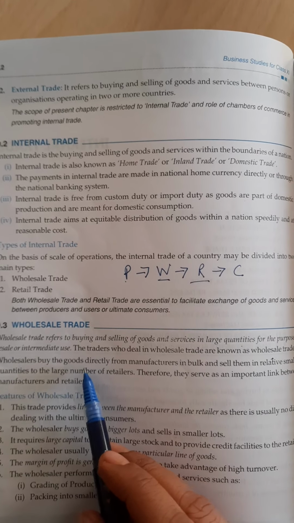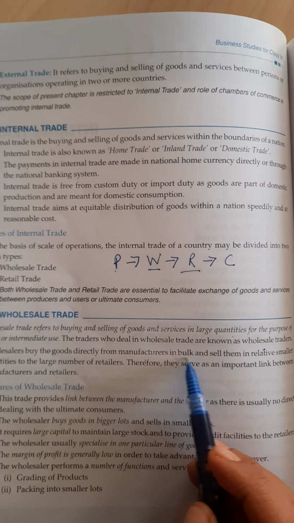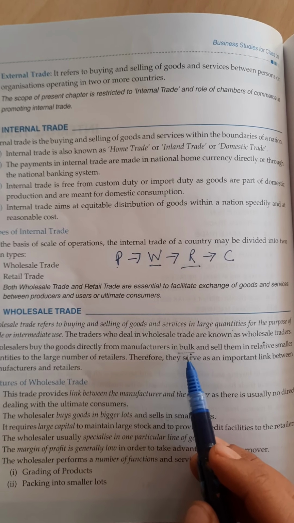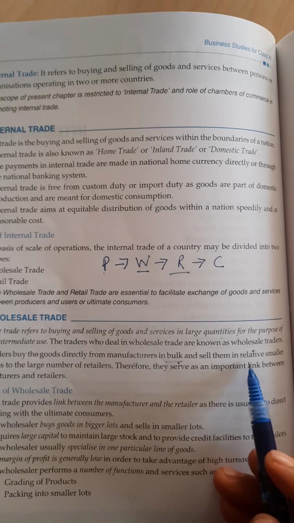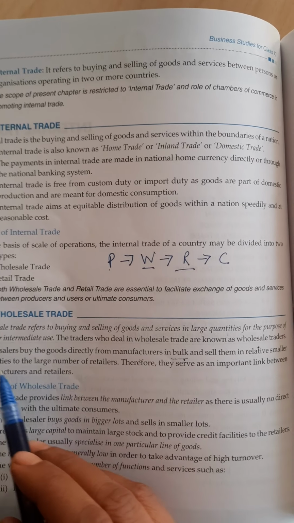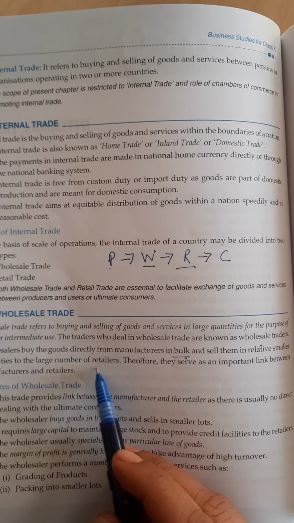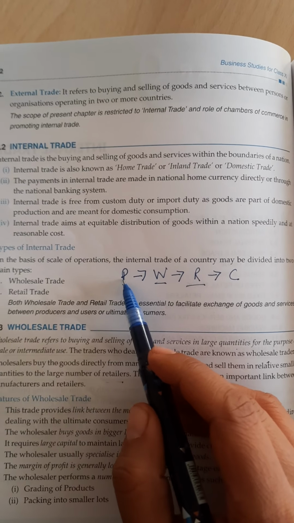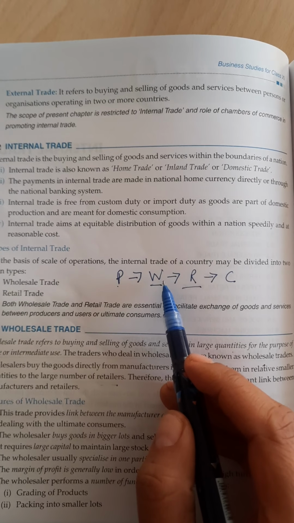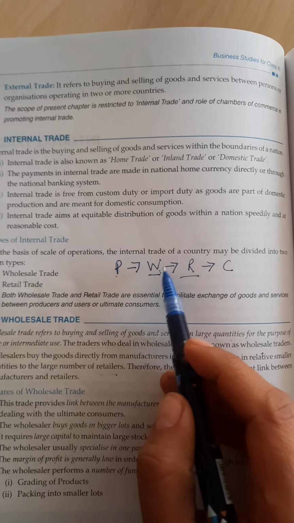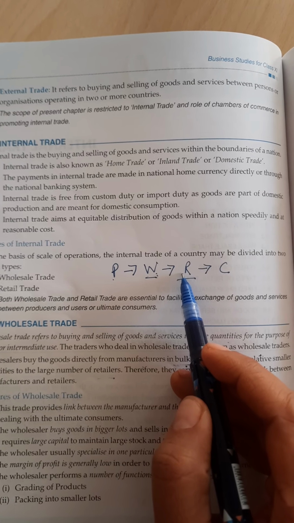Wholesalers buy the goods directly from the manufacturer in bulk, and sell them in relatively smaller quantities to a large number of retailers. Means the producer gives goods to the wholesaler in bulk and the wholesaler gives goods to the retailer in small quantities.